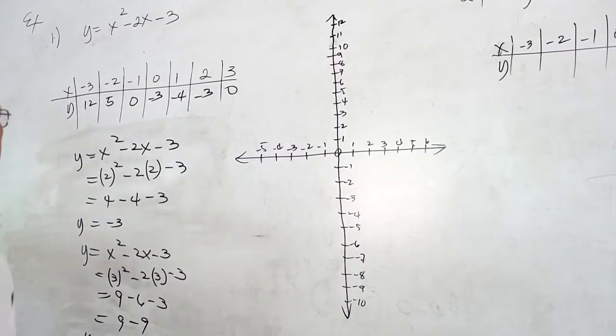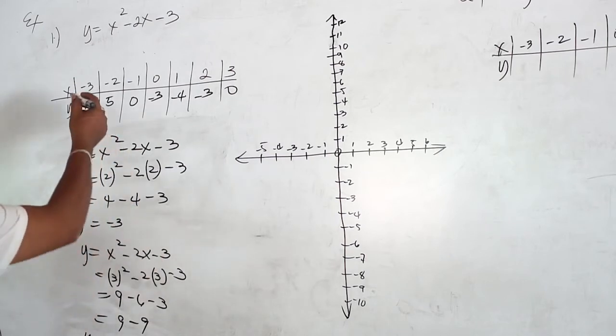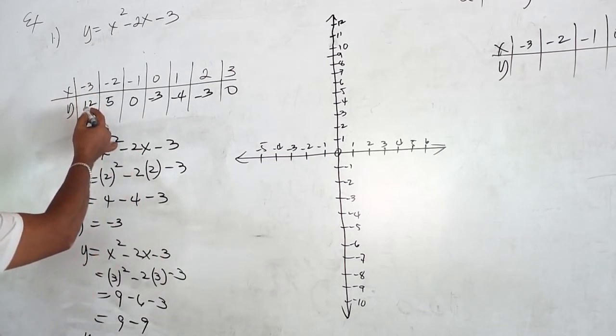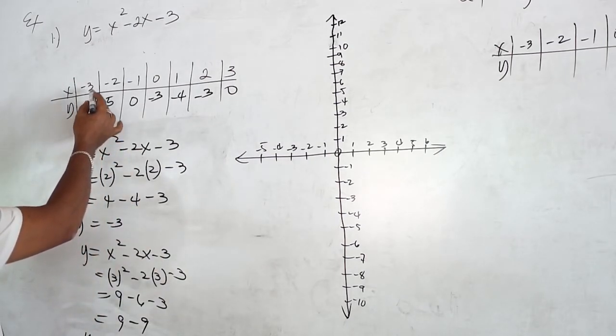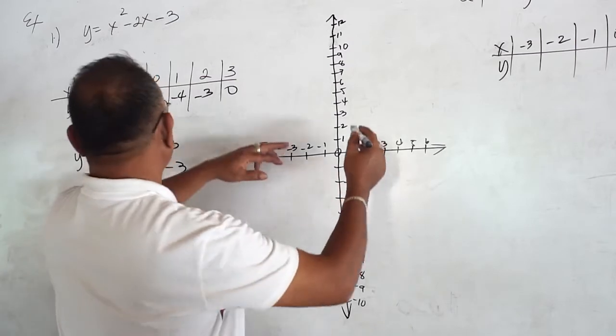After completing the table, next you have to plot the points. We have the ordered pair negative 3 and positive 12. The value of x is negative 3 and the value of y is positive 12.